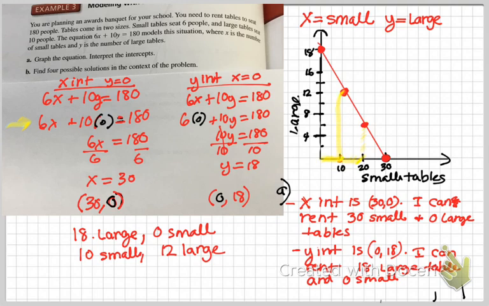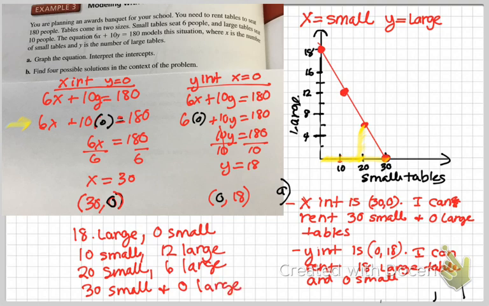Then I've got 20 small and 6 large. And then we have, of course, our x-intercept, which is 30 small and 0 large.